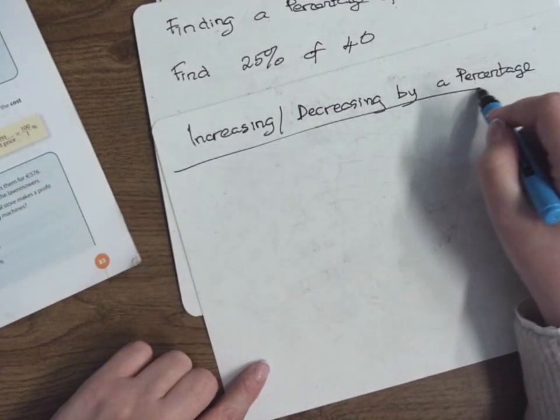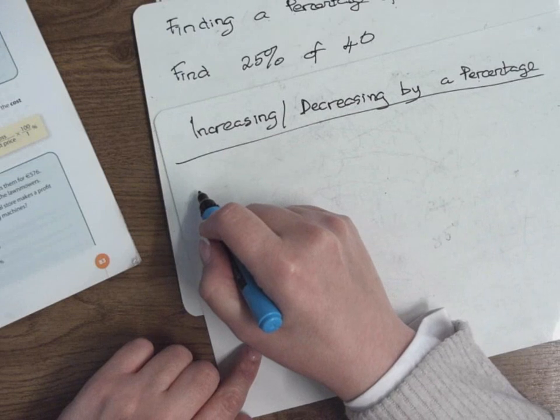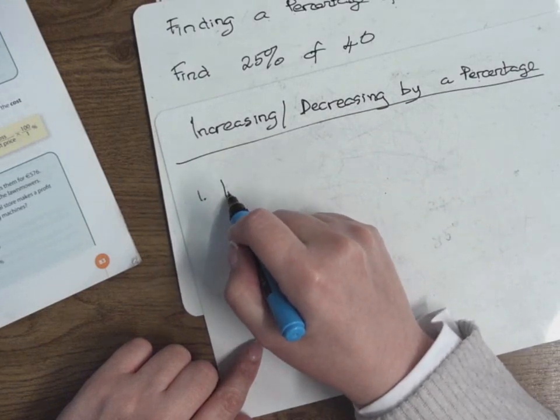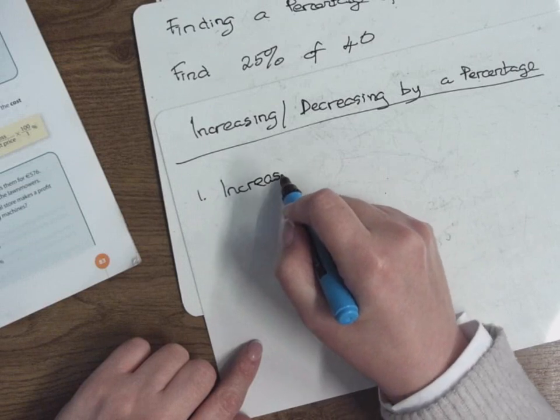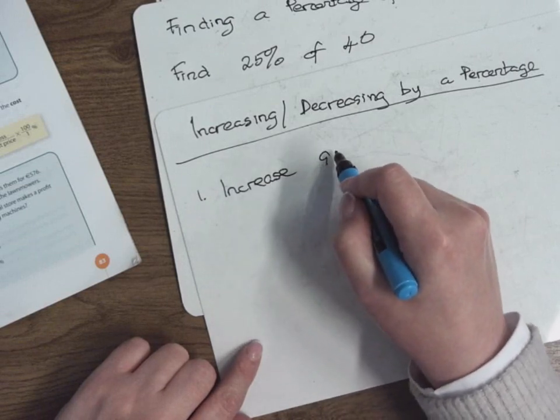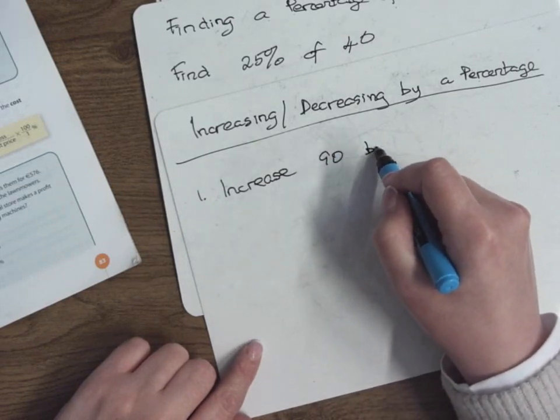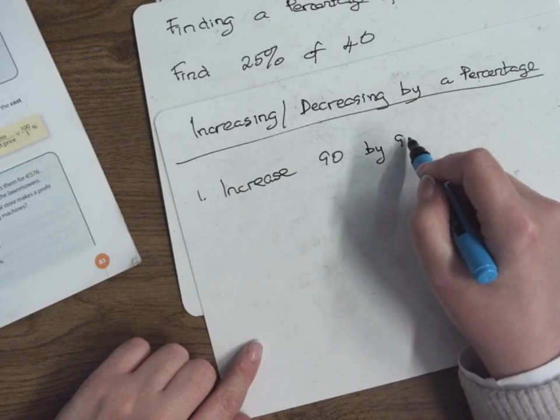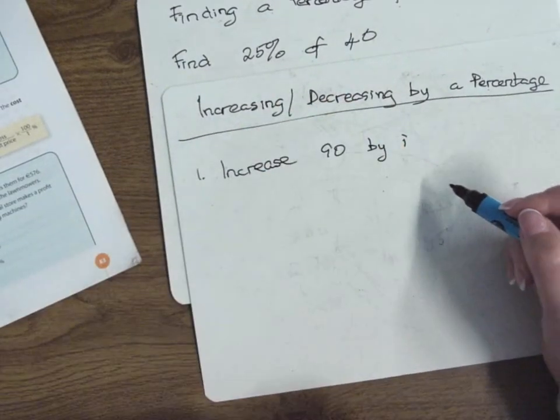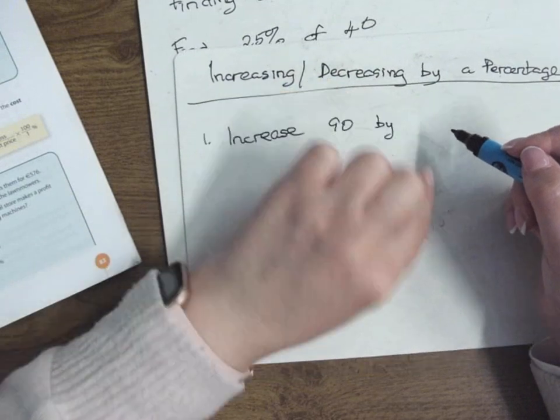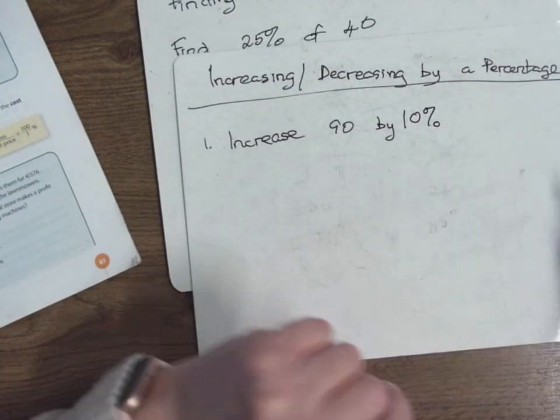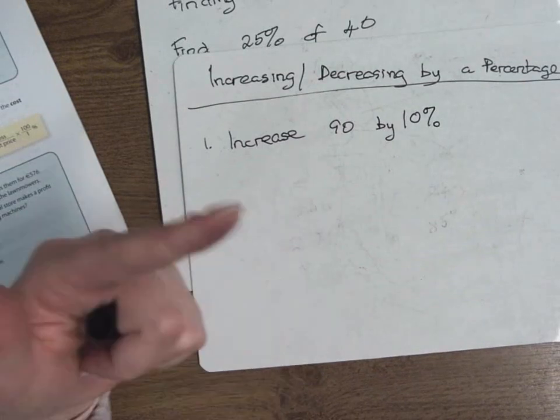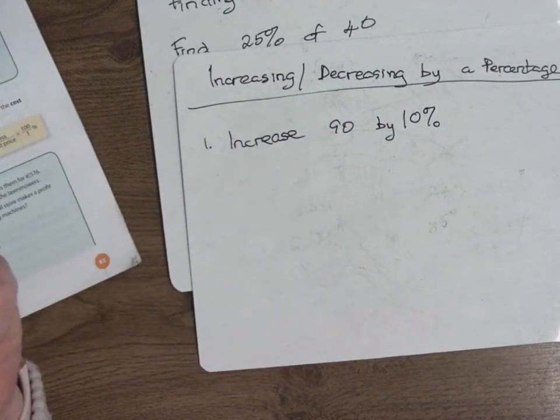Right, okay, so number one, increase $90 by 10%. So I'm making it bigger or smaller? Bigger. I'm increasing it, so I'm making it bigger.